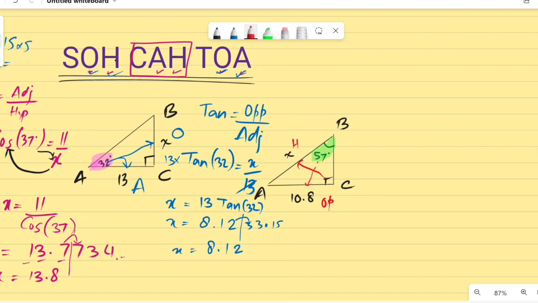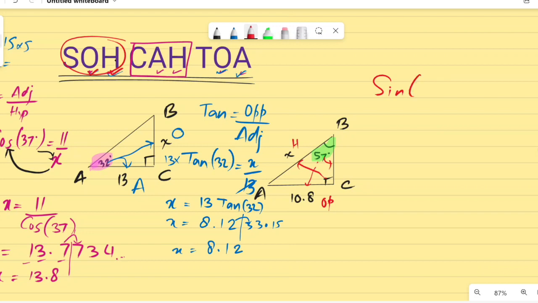Never call the hypotenuse adjacent, because the hypotenuse is always opposite to the right angle, so you can't call it adjacent. This side is adjacent. So we are dealing with hypotenuse and opposite. So O and H. I think this time we are using the first one, S, which stands for sine.